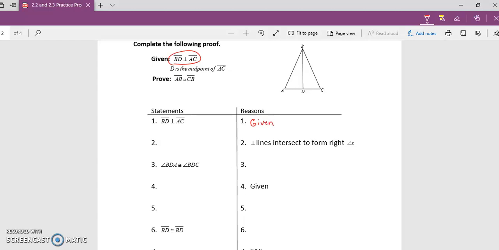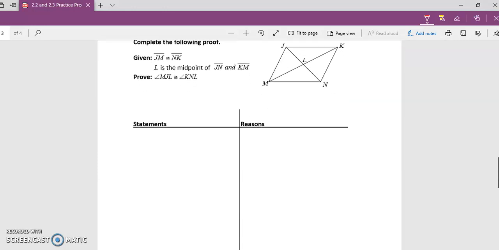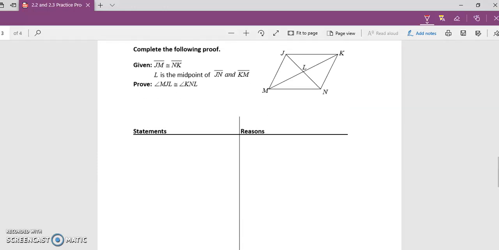So some of these, let me double check here. Actually, let's do this one instead. So JM is congruent to NK. Given.